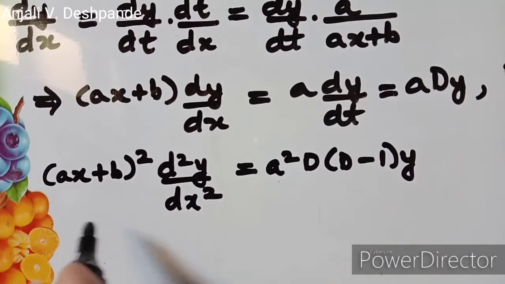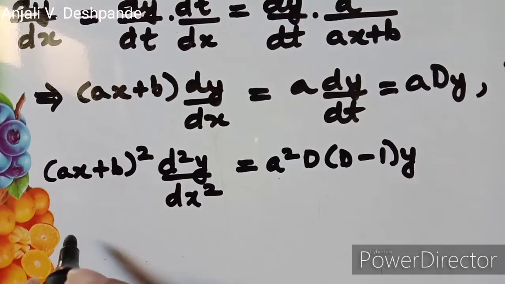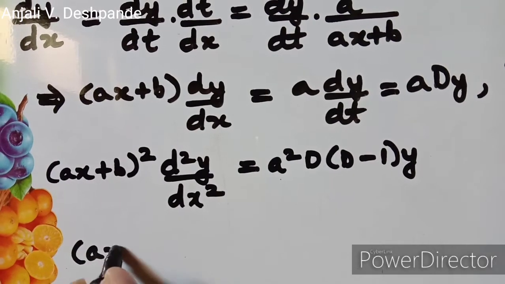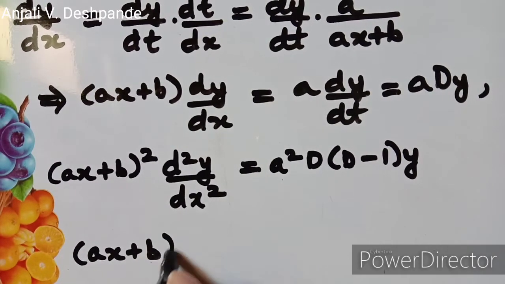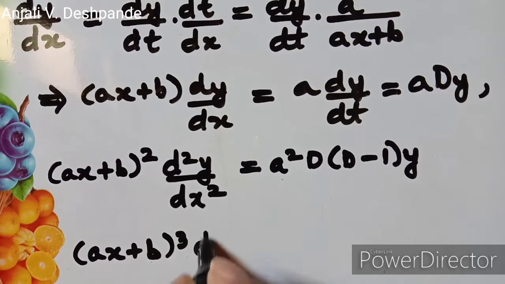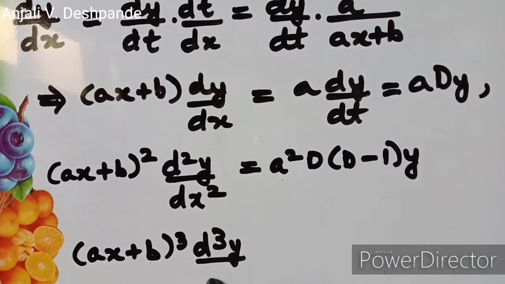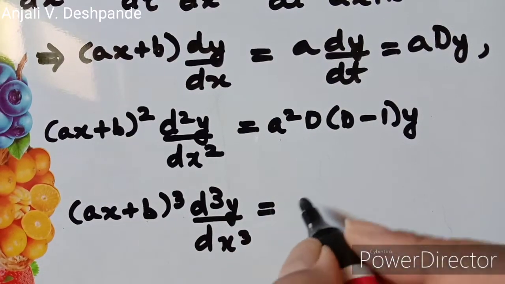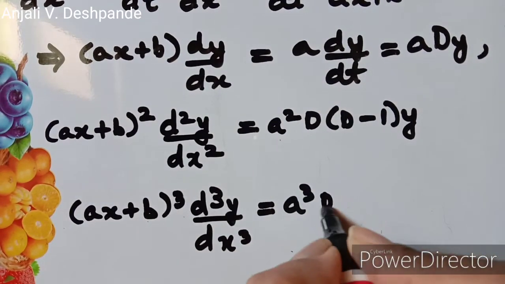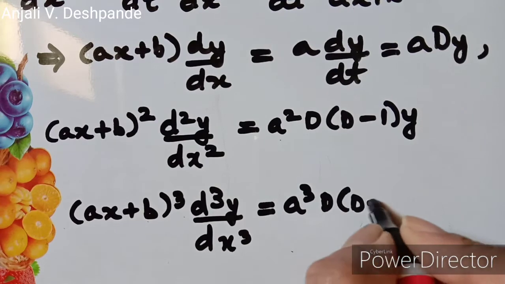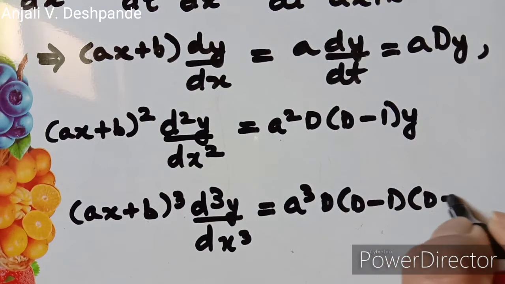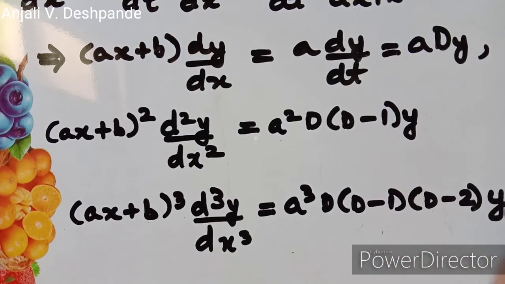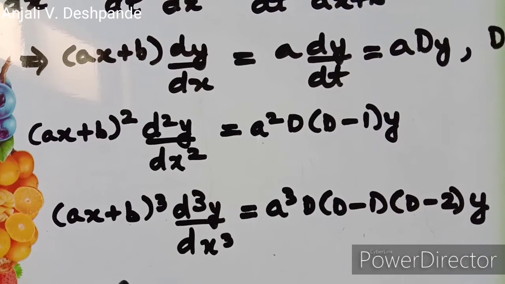Likewise we can get (ax plus b) whole cube d cube y by dx cube is equal to a cube D into (D minus 1) into (D minus 2) y, and so on.